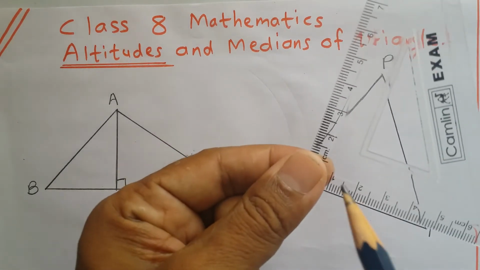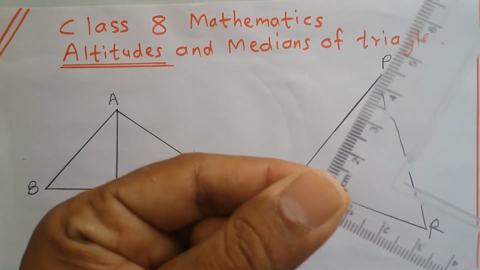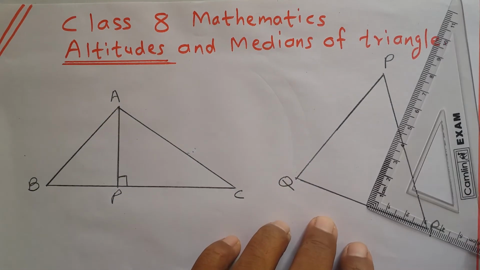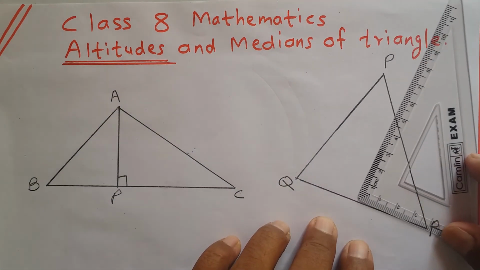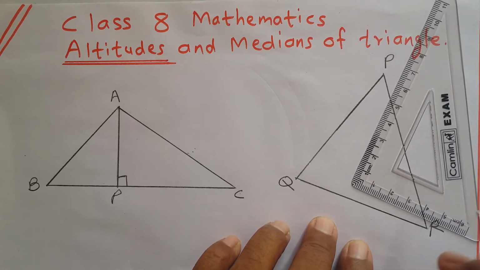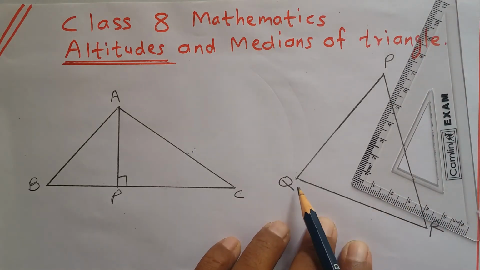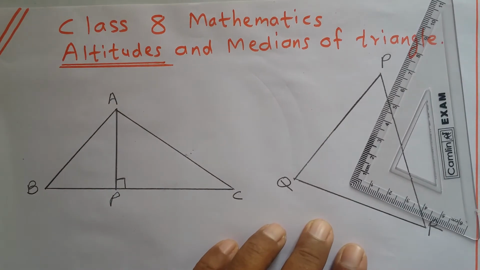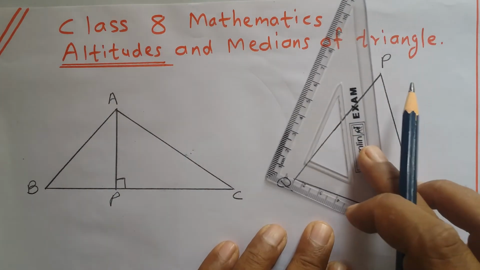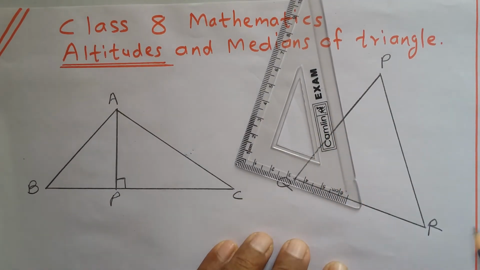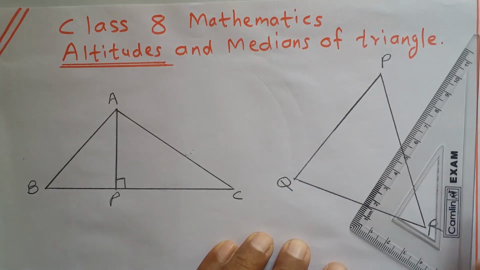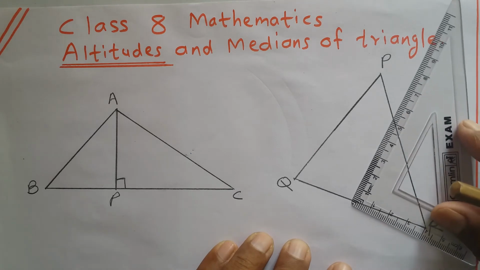This is a right angle of this set square. So slide, you can slide this side of set square, it will match with QR. Do you understand? This side will match with QR, and this side it will match with point P.